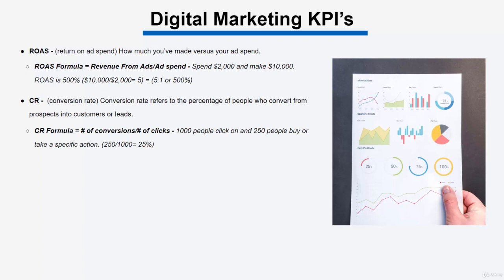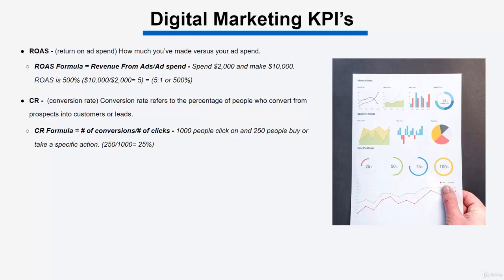And then we have CR, the conversion rate. And the conversion rate refers to the percentage of people who convert from prospects into actual customers or leads. And let's look at the formula here. So we have the number of conversions divided by the number of clicks. So we went through the click-through rate, right, previously, and now we want to see out of how many people that actually clicked, how many of those actually bought or filled out their information or took our desired action, okay?